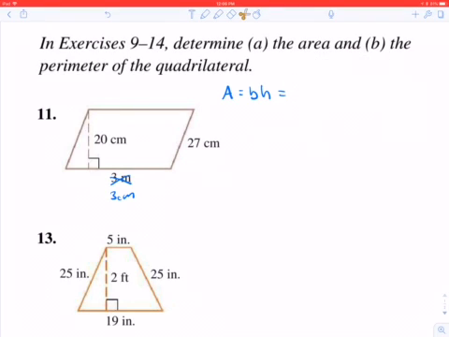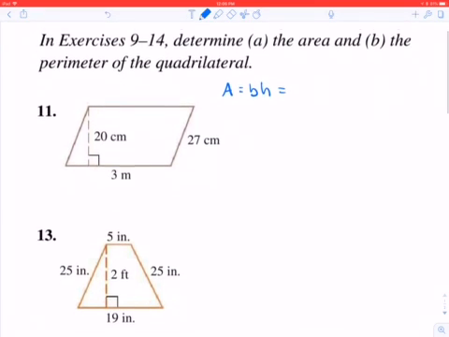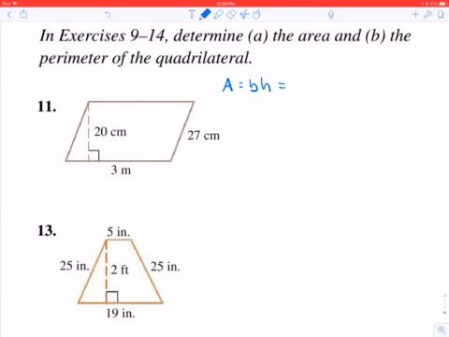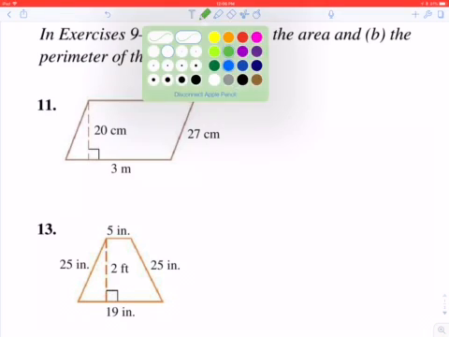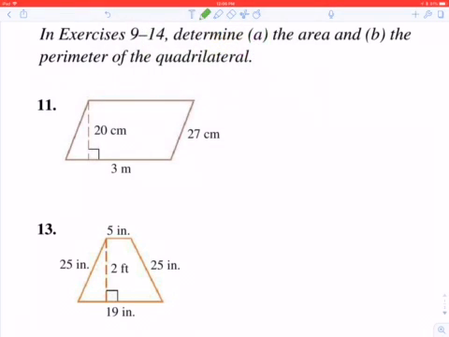We want to have the same units, right? Notice that they gave it to us in meters, so we need everything to be in centimeters. First we need to convert meters to centimeters. If we have 3 meters over 1, we're going to multiply.